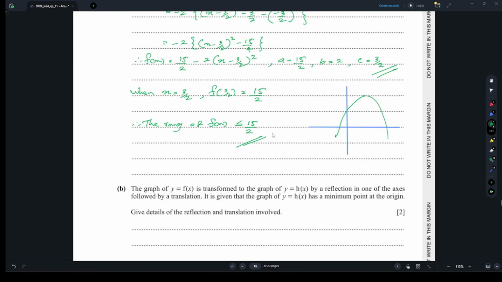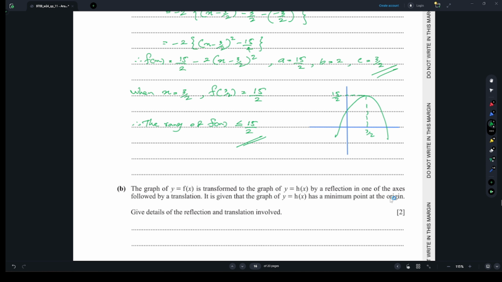This is just a sketch to have an idea. So this is 3 over 2 and this is 15 over 2. And then they say that they take the reflection in one axis, followed by a translation, and it has the minimum point at the origin.